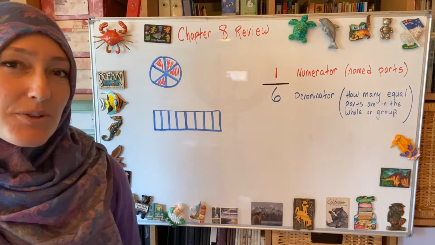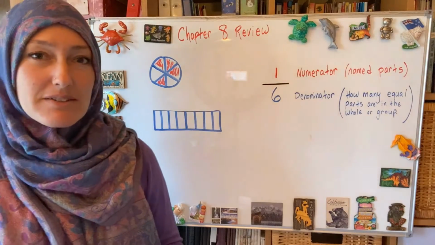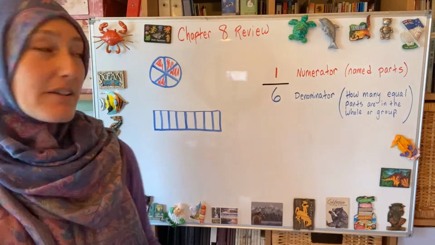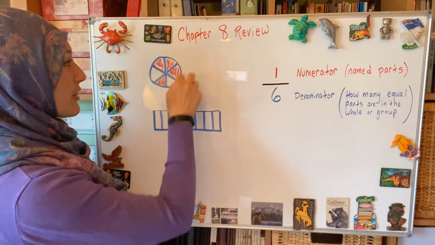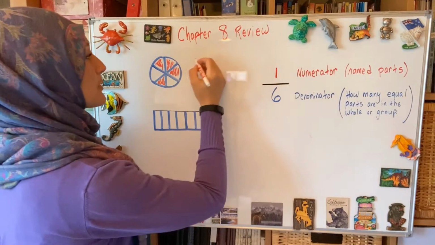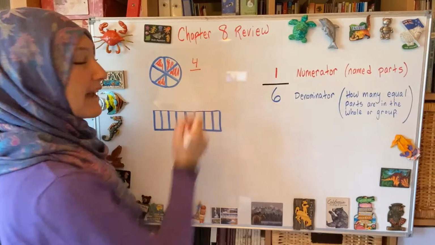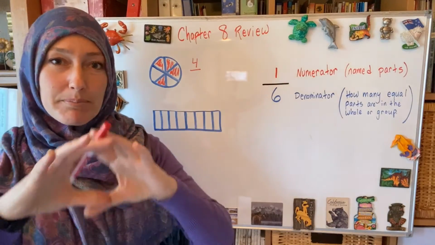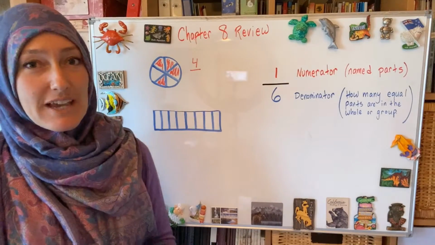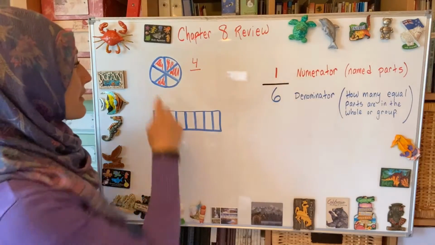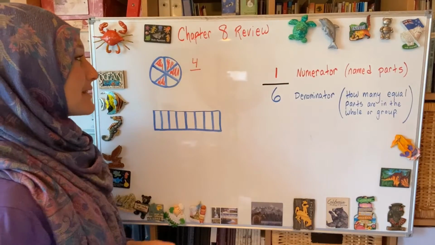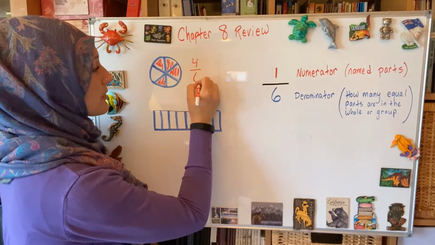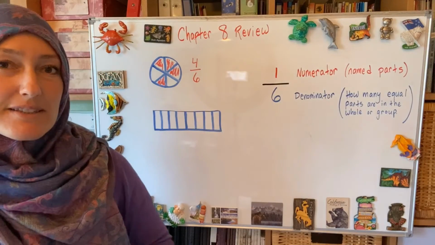So if my question was, how many pieces of pizza are there? Well, I would say there are 4 pieces, so it would be 4 out of however many parts there were altogether. How many were there to start with? There were 6 pieces to start with, so it would be 4/6.